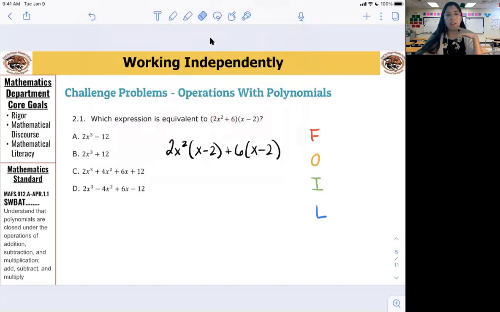Let's see if we can do it on your own. Go ahead and try it. So 78% on the last question. Let's see what we get this time.